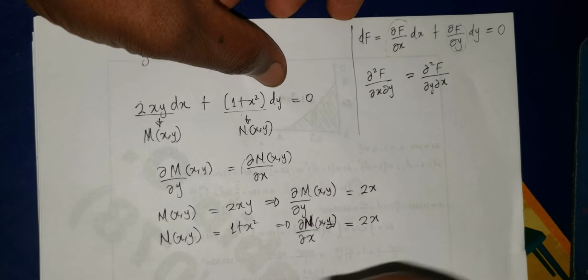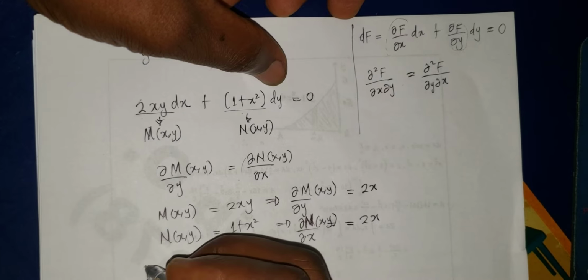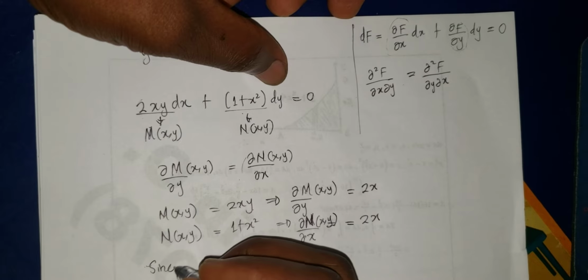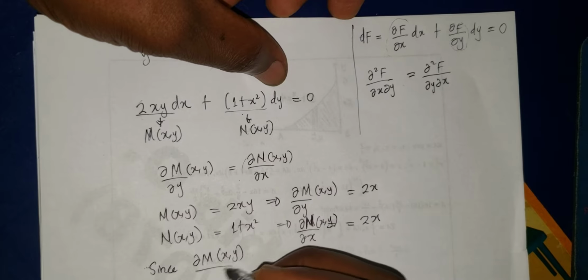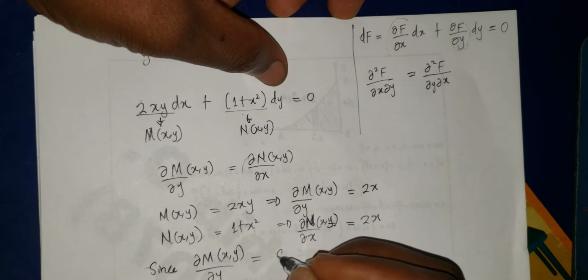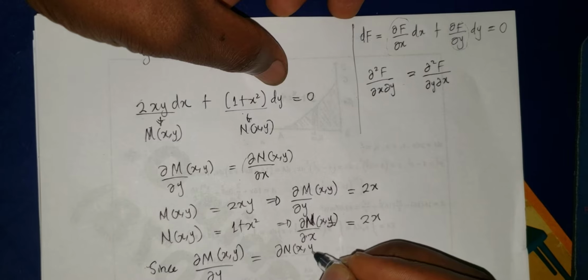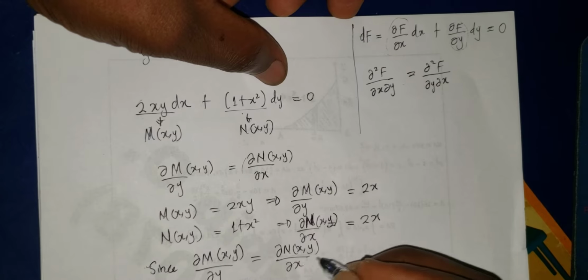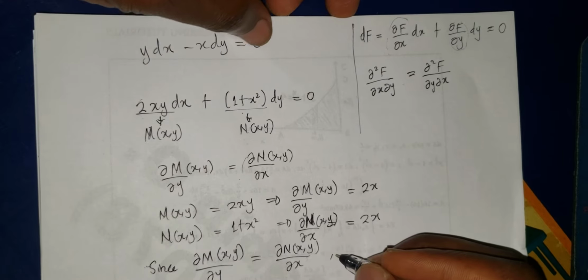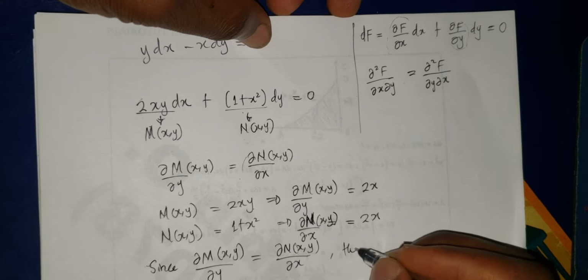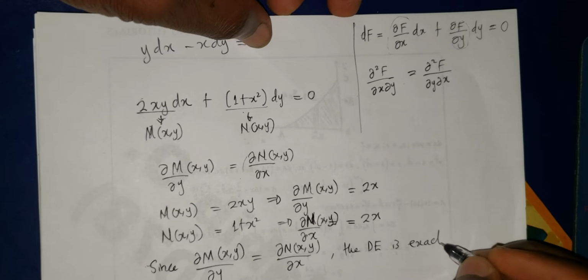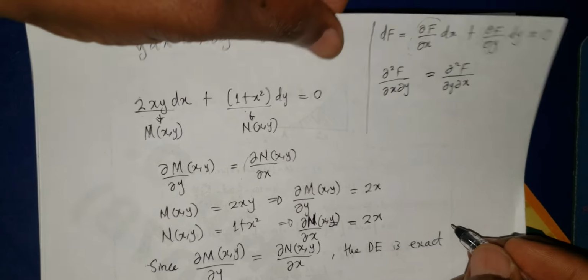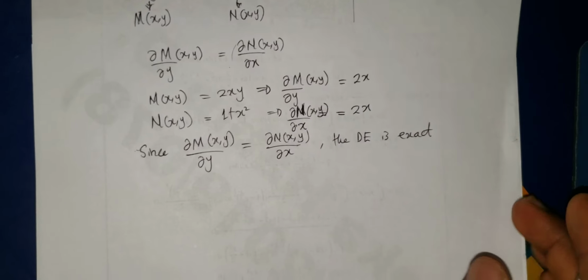So it's obvious that they are equal. Since del M of x comma y del y is equal to del N of x comma y del x, we say that the DE is exact. So that is that about it being exact.